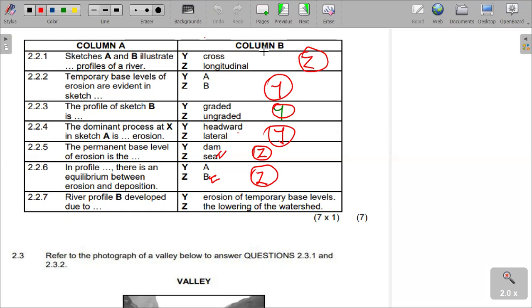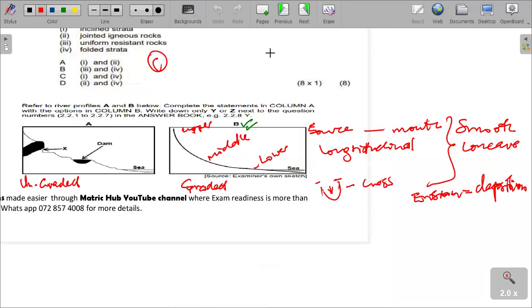So when the temporal base levels are eroded, we would have a profile that is like this. These are called temporal base levels. This is temporal, and this is temporal again.